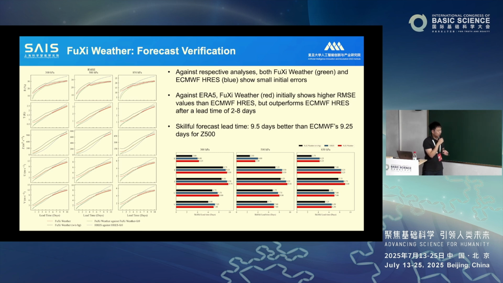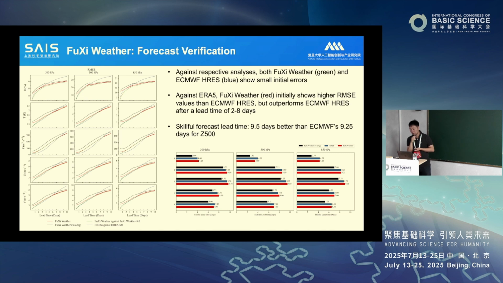They both show very small initial error, which is expected. But if we evaluate our model against ERA5, shown in red and blue and the black lines, they show higher initial RMSE because our initial conditions are not as good as ERA5. So from the starting point, you get worse results.